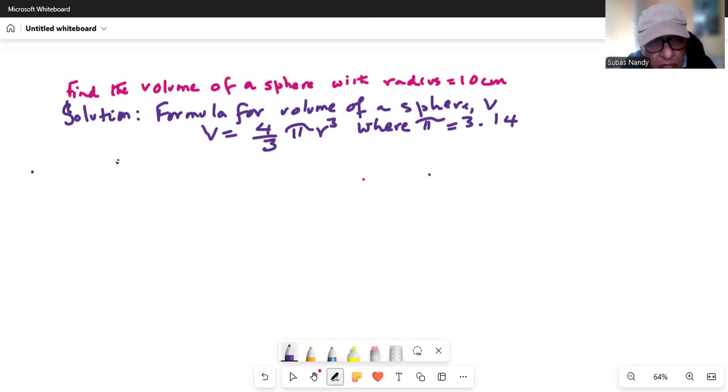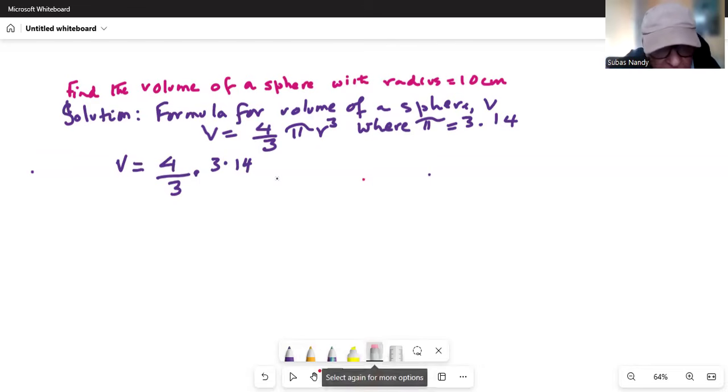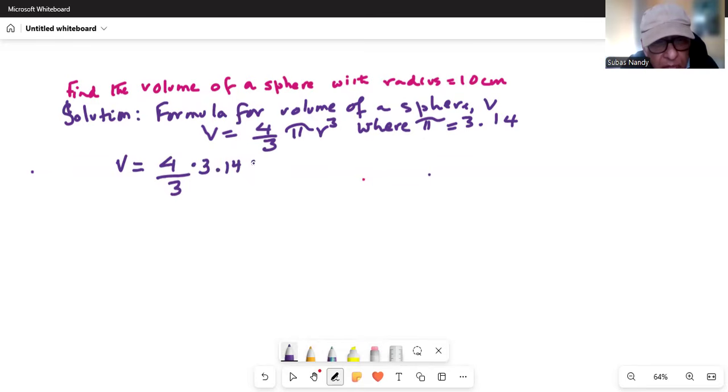So volume is equal to 4 divided by 3 multiplied by 3.14 for pi, multiplied by r, which is 10 centimeter, cubed. The unit of volume here is centimeter cubed.